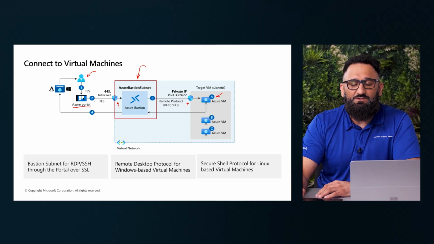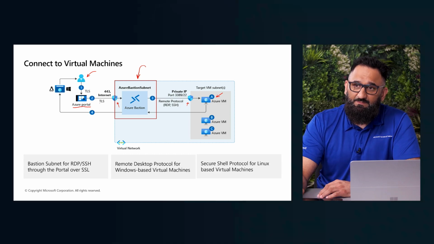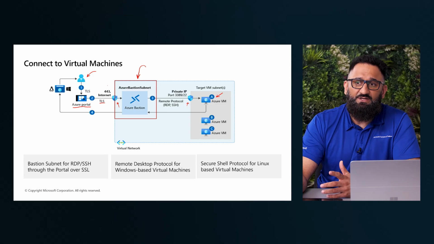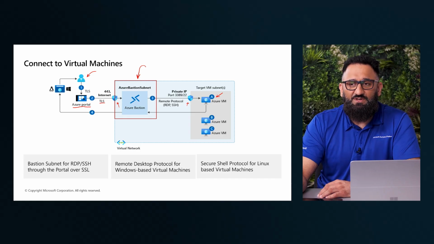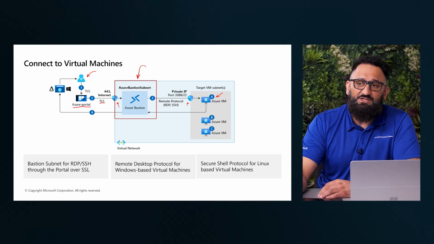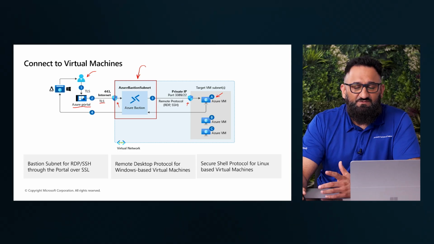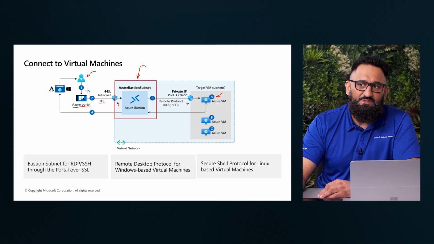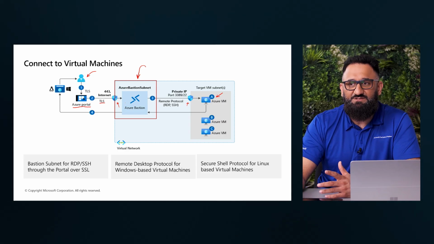Once you're on the portal, you can go to your Bastion service. The Bastion service typically works with secure protocols like HTTPS, running TLS over it, so there's transport layer security as part of that. So it's an encrypted and secure connection that you form from your device, in a browser, to the Azure Bastion service.